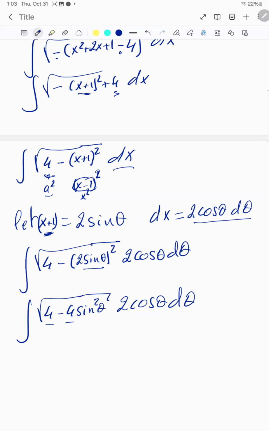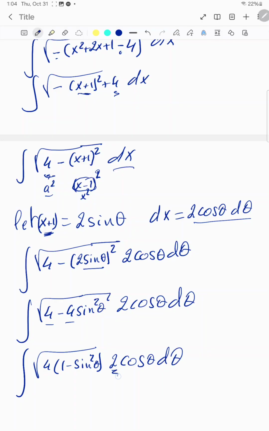I can factor out my 4 here. It becomes 4 times 1 minus sine squared of theta, multiplied by 2 cosine of theta d theta. But the 2 is a constant. I can put it outside the integral to facilitate my life.